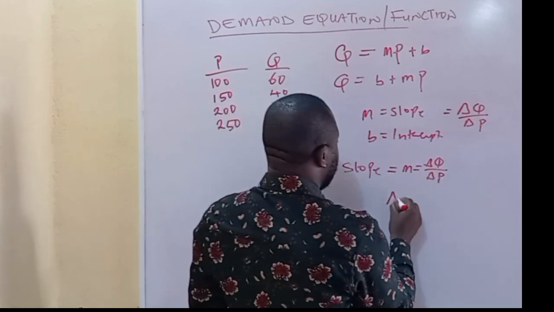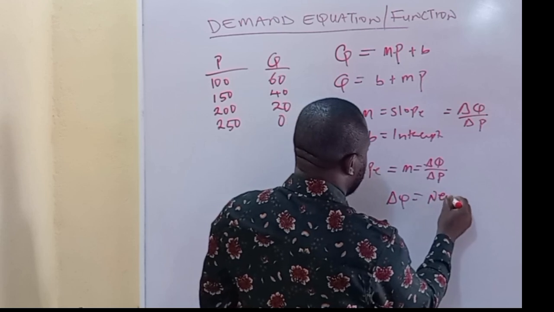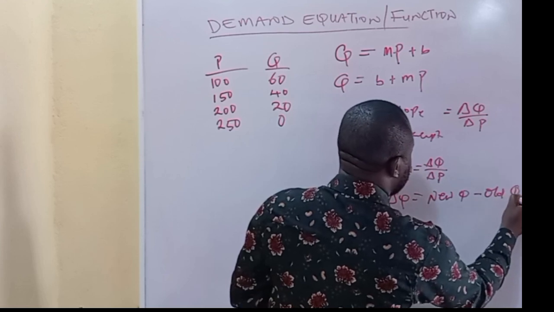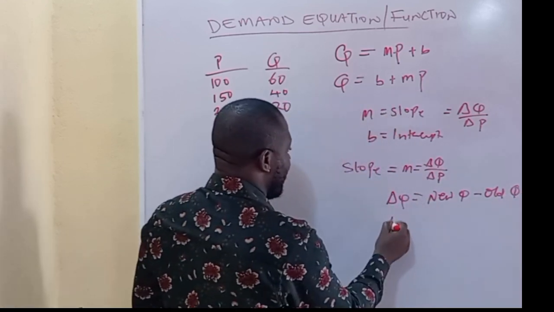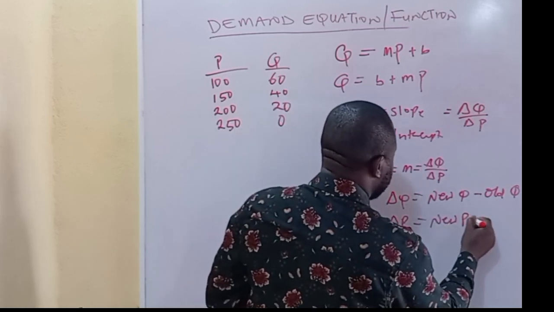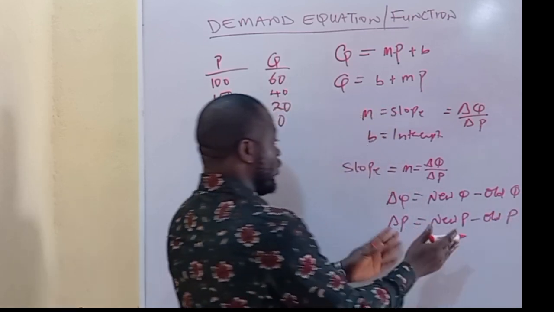Change in Q is going to be represented by new quantity, which is new Q, minus old quantity, which is old Q. And we are going to have our change in price represented by new price, which is new P, minus old price, which is old P.